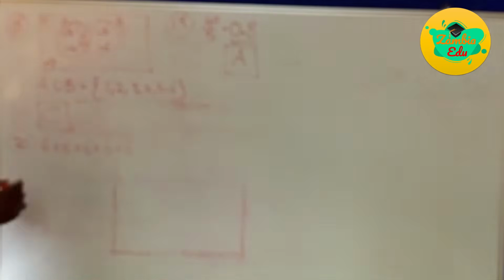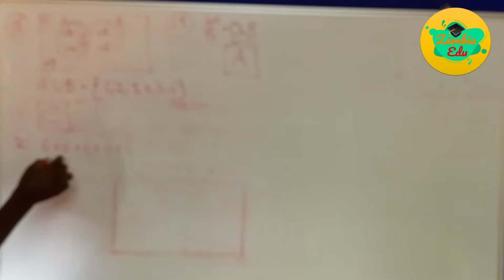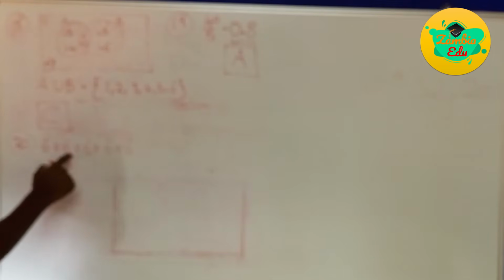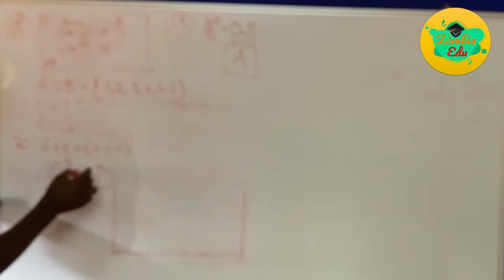So in index form, what it means is you are going to say 6, and then you count how many times 6 is repeated, or how many times 6 is multiplied by itself. 1, 2, 3, 4, 5. So you put to the power 5. So this is a power, or an index. So this is the index form, 6 to the power 5. And when we look at our options, that came as D. And that D becomes our answer for question number 20. We go to question number 21.